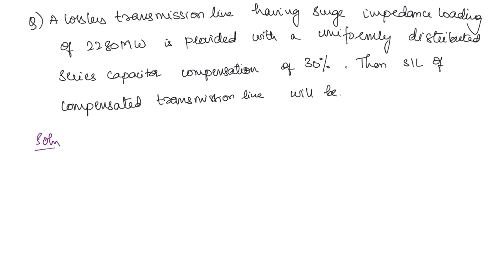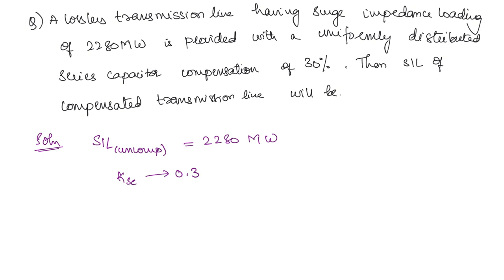So the initial uncompensated surge impedance loading is given as 2280 megawatts. And what is the compensation here? It is a series compensation and the percentage is given, right? So that we have taken as KSE. So this is 0.3.